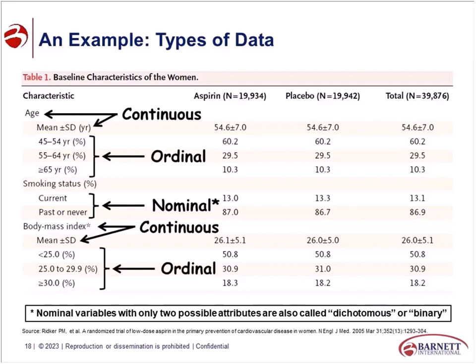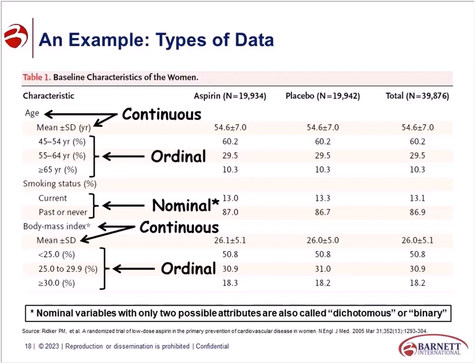For example, the risk of lung cancer is much higher among current smokers than past or never smokers. So essentially one could treat smoking as ordinal, but because it's only two categories, we often treat it as nominal, interchangeable. We also have a special word called dichotomous, or binary, which is what statisticians use when there are only two categories in a variable.